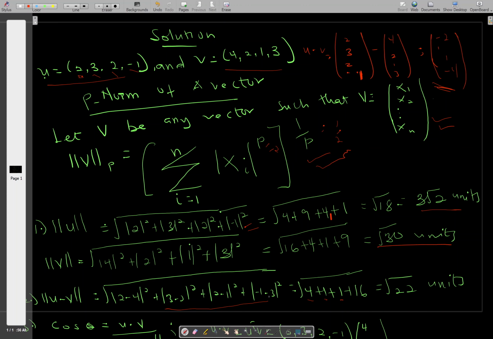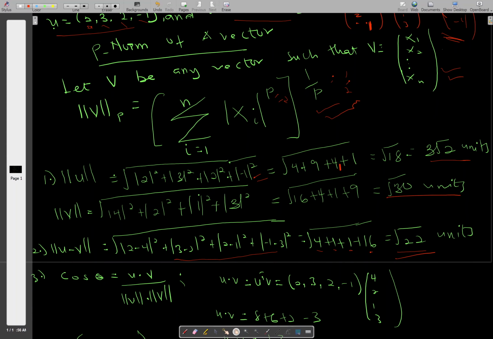Negative 1 minus 3 is negative 4, but the absolute of negative 4 is still 4, so 4 squared is 16. When you simplify this, you get the square root of 22 units. That's the distance between the two vectors.